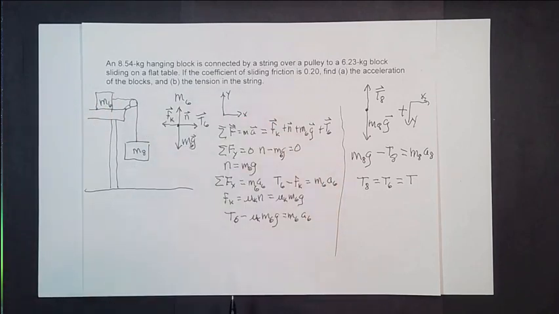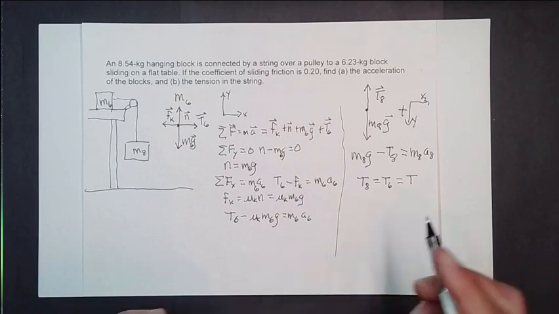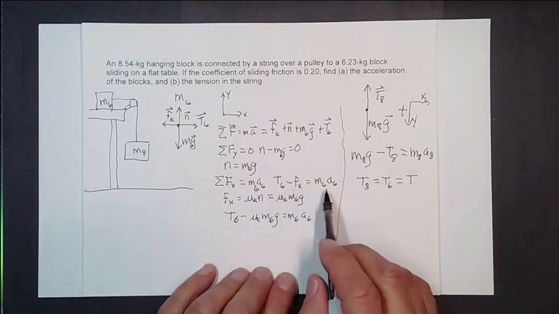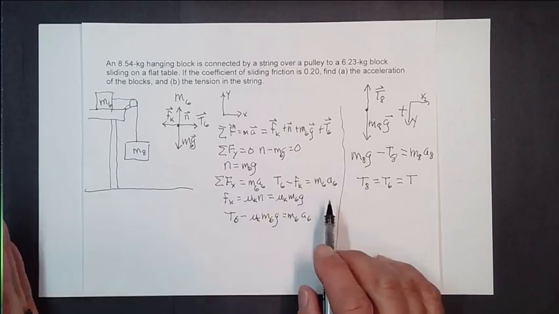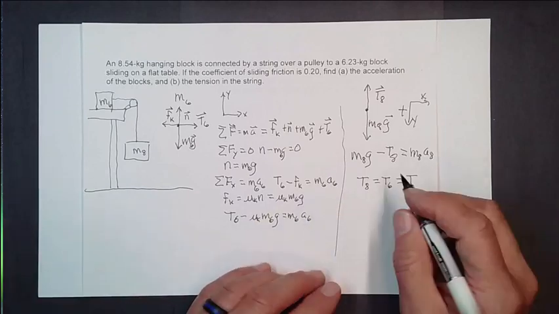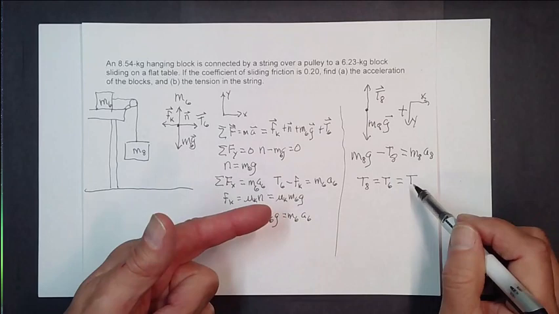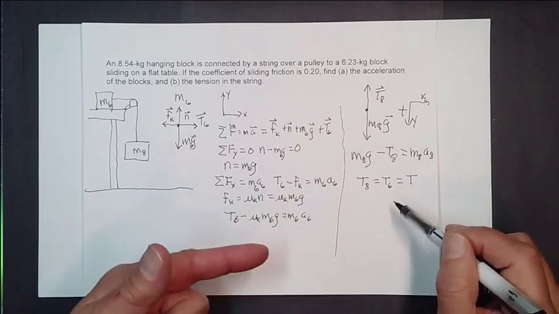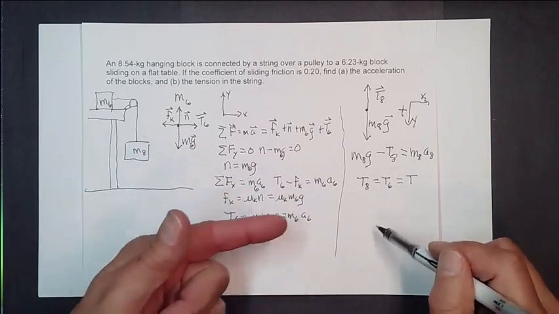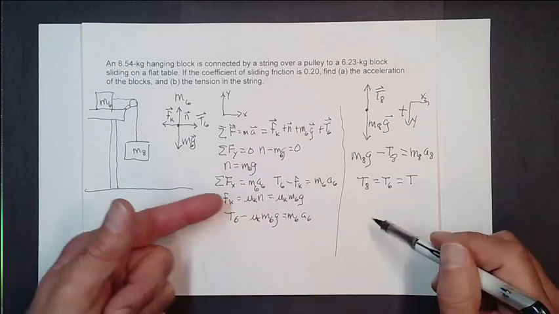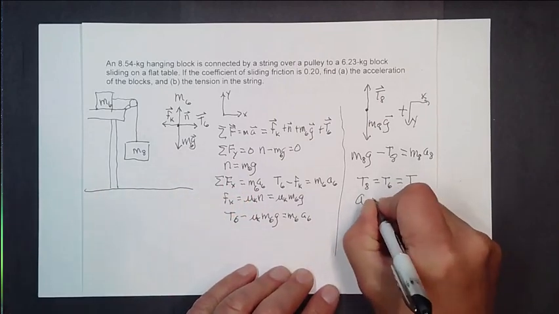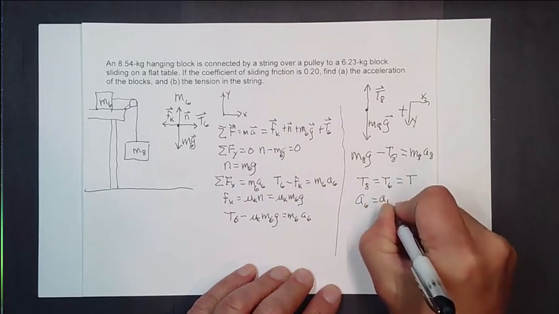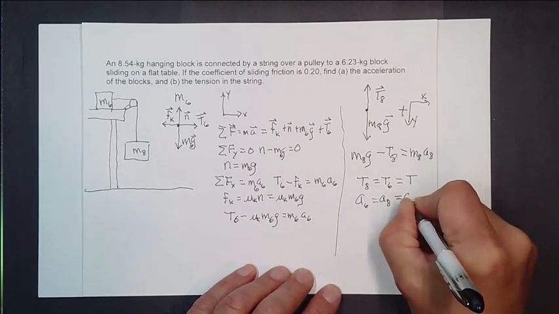The magnitudes, directions, and signs of their accelerations are the same because I chose it to be that way. That's just something I like to do, rather than having to write down the equations and then figure out whether they both have the same sign of acceleration. Well, yeah, they do because I chose it that way. But a6 is equal to a8, and I can just call those a.